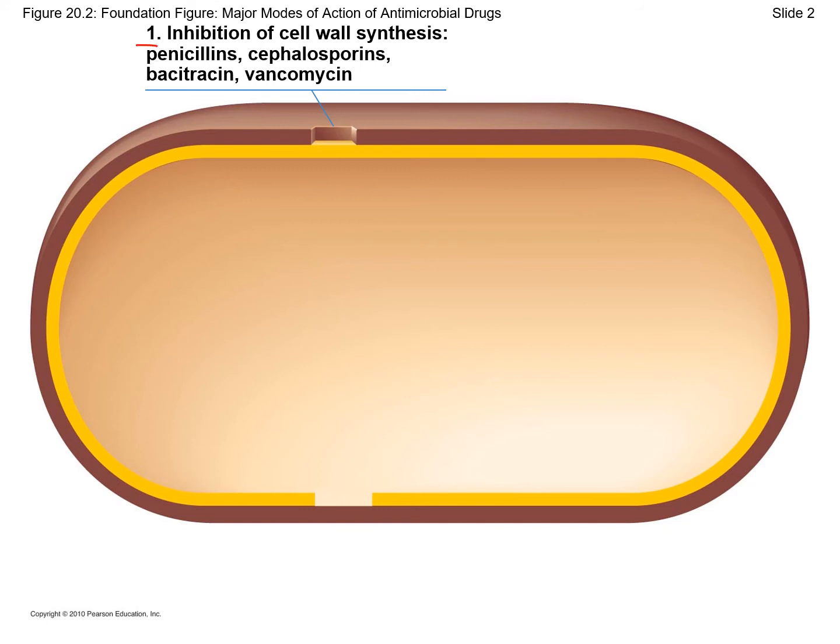The first mode of action is for antibiotics to have an effect on the cell wall. And having an effect on the cell wall will be bactericidal. Because remember, the purpose of the cell wall is to protect from osmotic lysis. When a bacterium is in the human body, the bacterium is hypertonic compared to the human tissues.